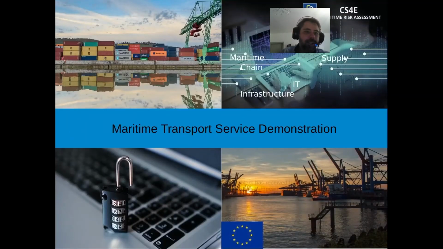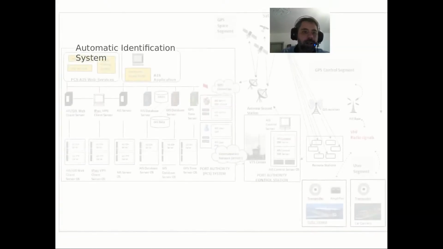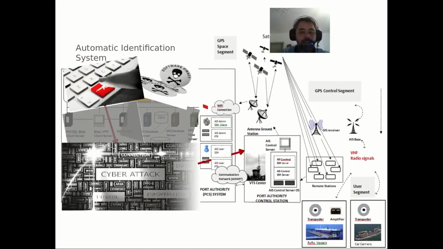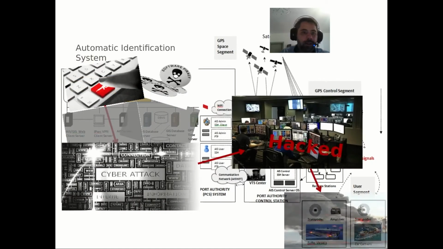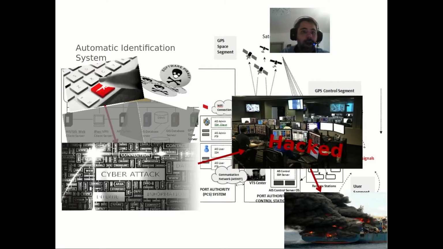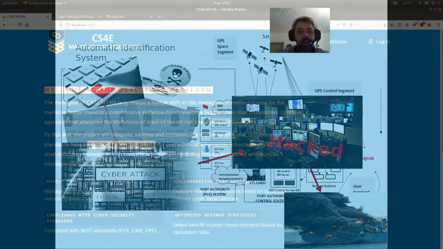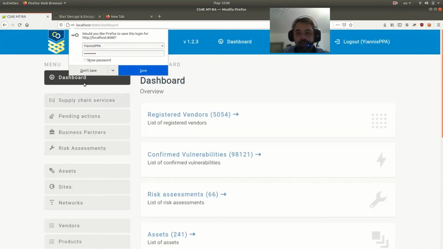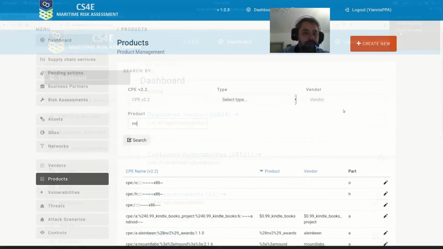So let's assume that the vehicle transport service is a representative example of a maritime transport service that relies upon a highly connected and automated system and technology. Our system supports all the IT experts of the stakeholder, enabling them with the necessary tools and functionality required to efficiently identify and assess the risk.